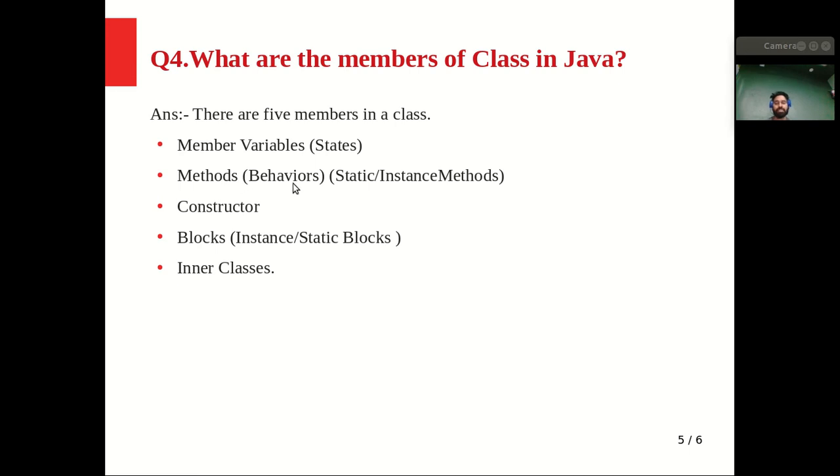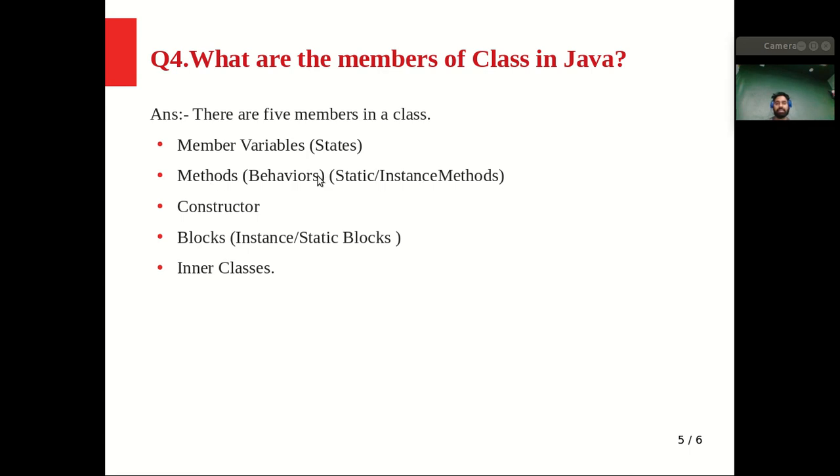Methods are also known as the behavior of a class. A method can be of two types: static method or instance method. Both have different functionalities, which we will discuss in our further lecture. But for now, we are just looking at the members of a class. So there are two types of methods, static and instance.